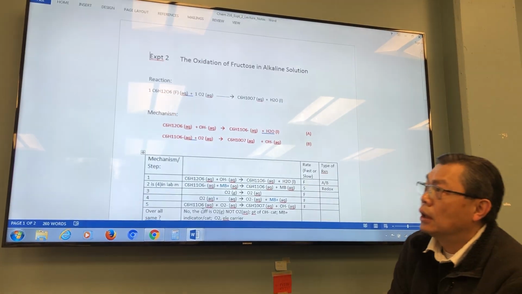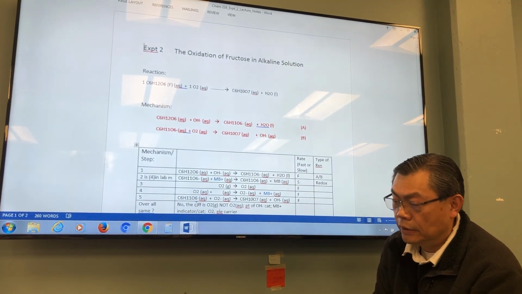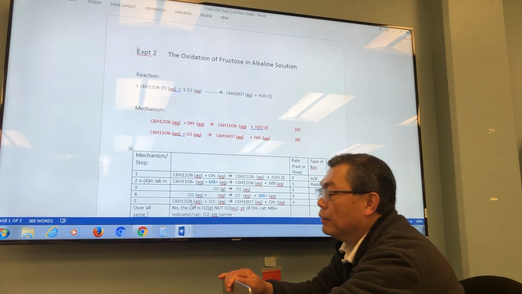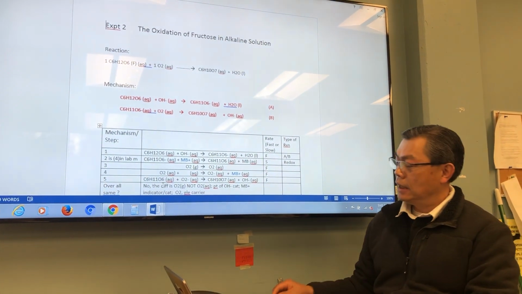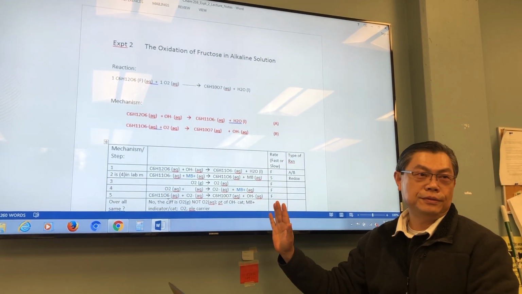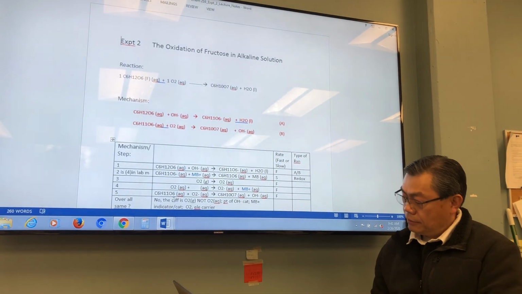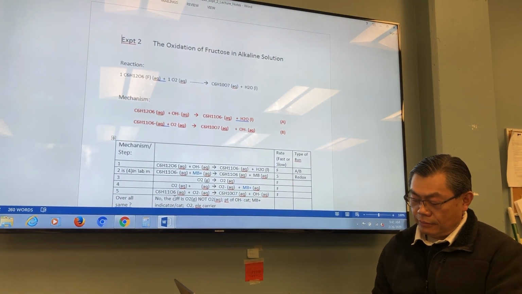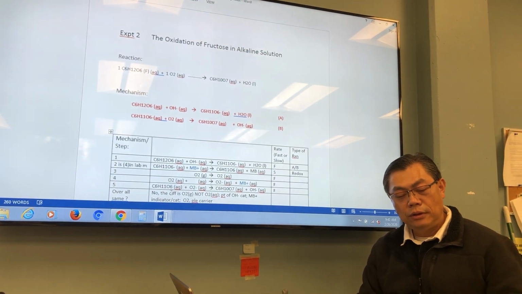First thing I want to talk about is the chemistry, right? Before you can work on anything, you must understand the chemistry of experiment 2 first. Now, what is experiment 2 all about?